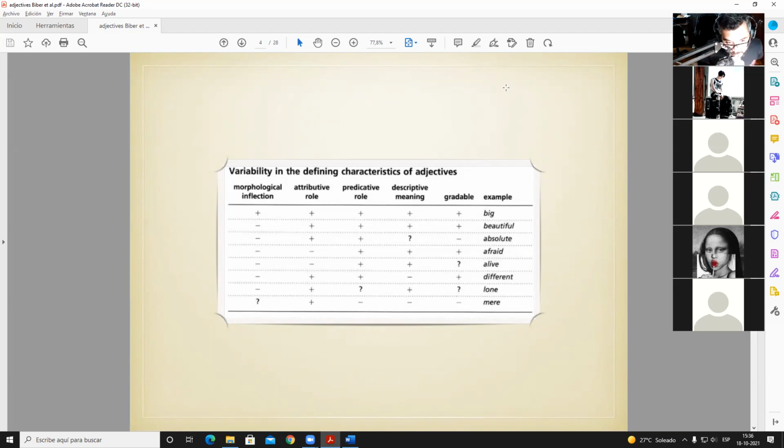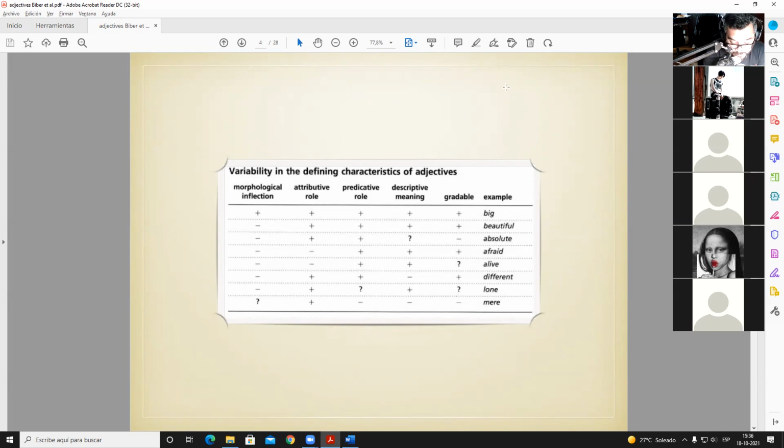On the other hand, beautiful, I can't put morphological inflection in it, right? Why not? Because it's a long adjective. I can't say beautifuler, right? And just because of that, we're going to say it's peripheral. Over again, and as a summary, we can state that adjectives can be classified into central and peripheral adjectives, based on the fact that they can fulfill certain criteria.